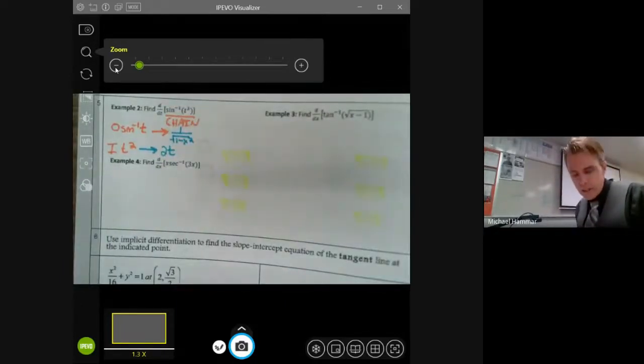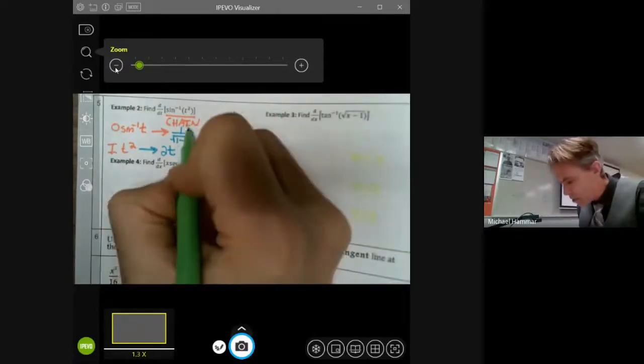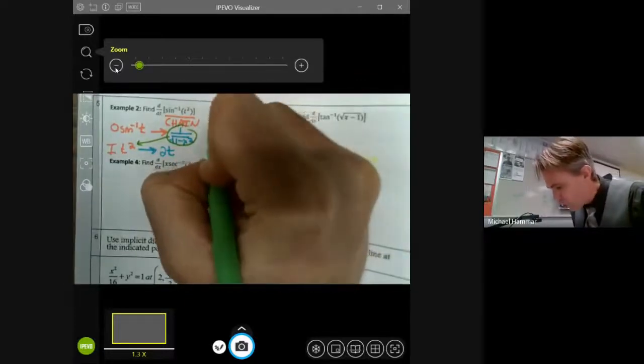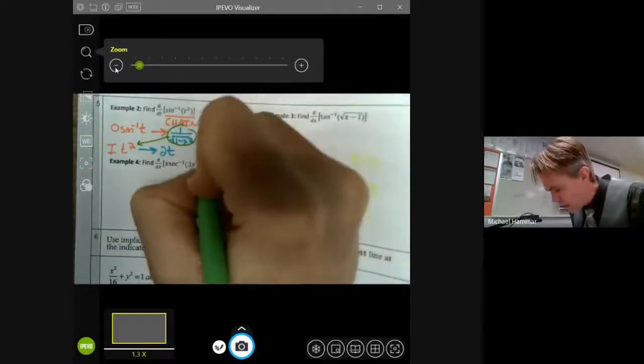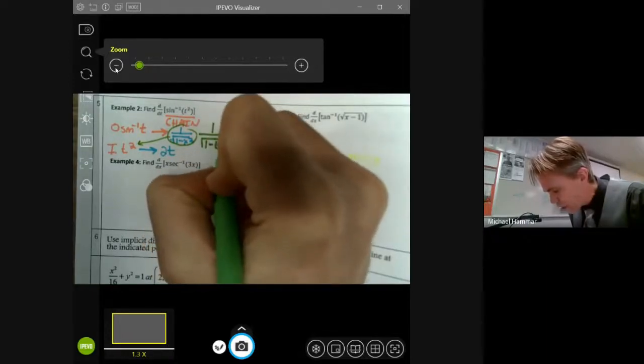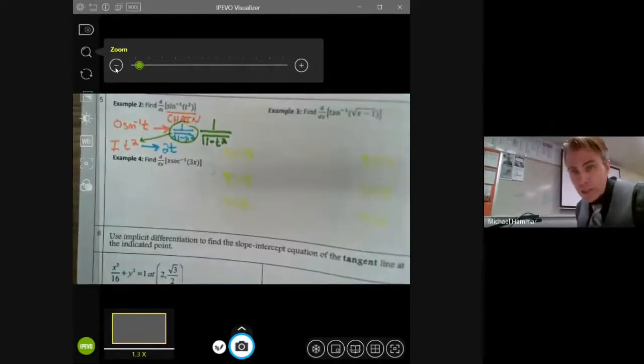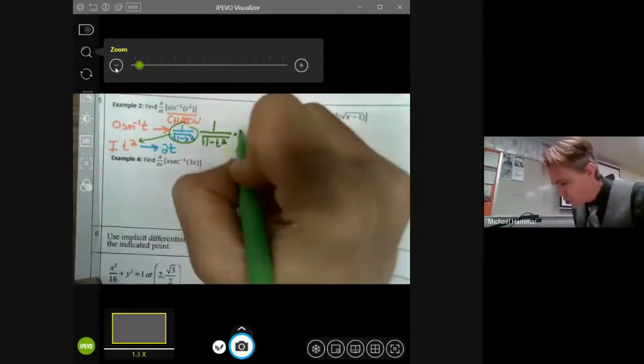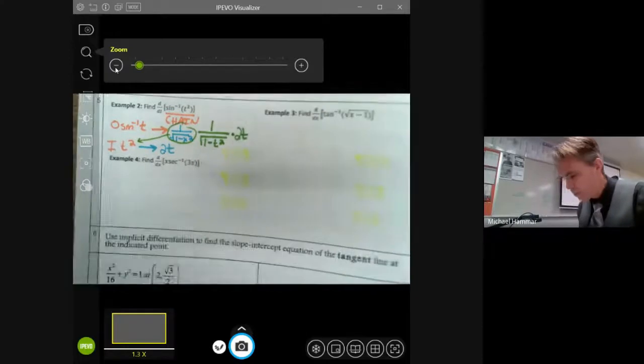So let's take the overall derivative of this thing. So again, remember, we're going to start here, and we apply that. So it's going to be 1 over the square root of 1 minus t squared. So we substitute that in wherever the x is, and then we have to multiply it times 2t.